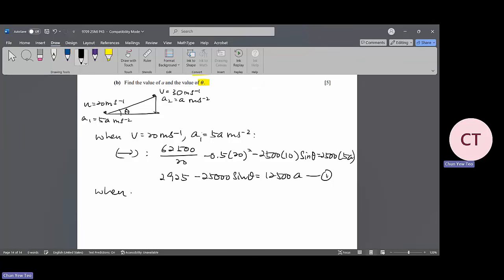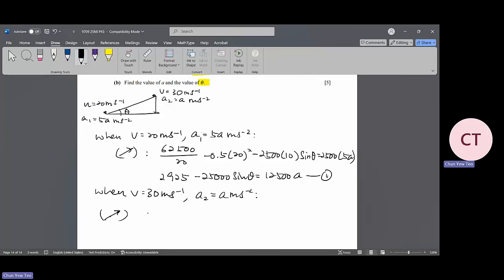Then at another stage, when v is equal to 30 meters per second, your a2 is a meters per second squared. For this case, my directions of the forces is wrong. It is supposed to be going up the hill.